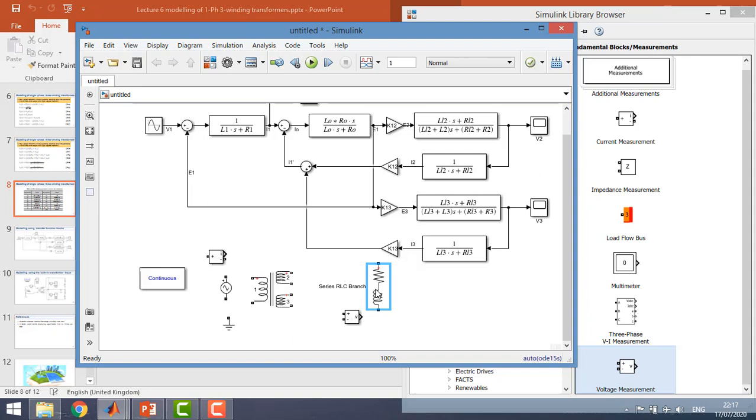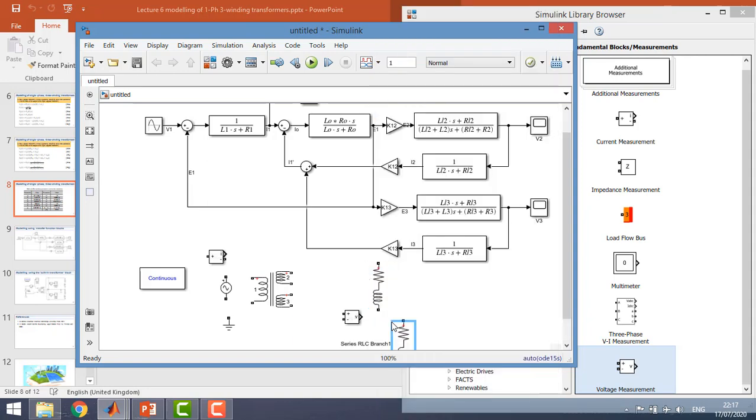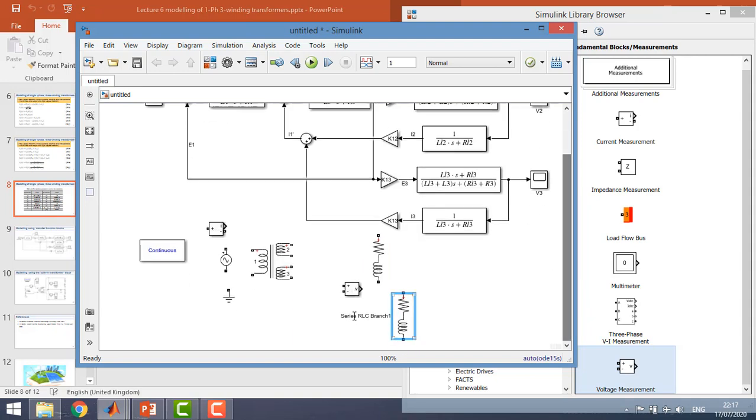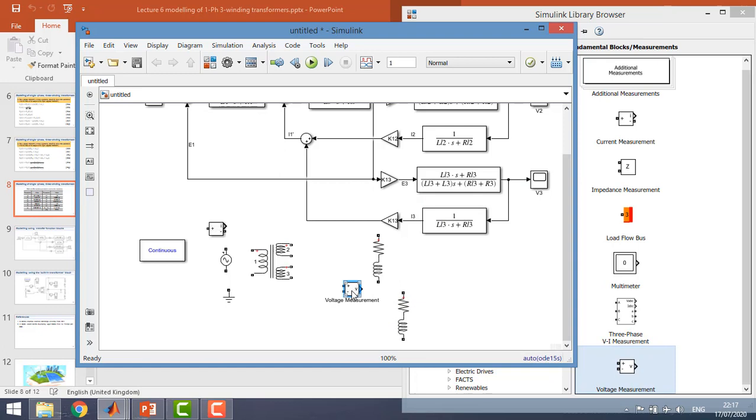Okay, so let's duplicate the load. Probably we can make this one a little bit bigger.